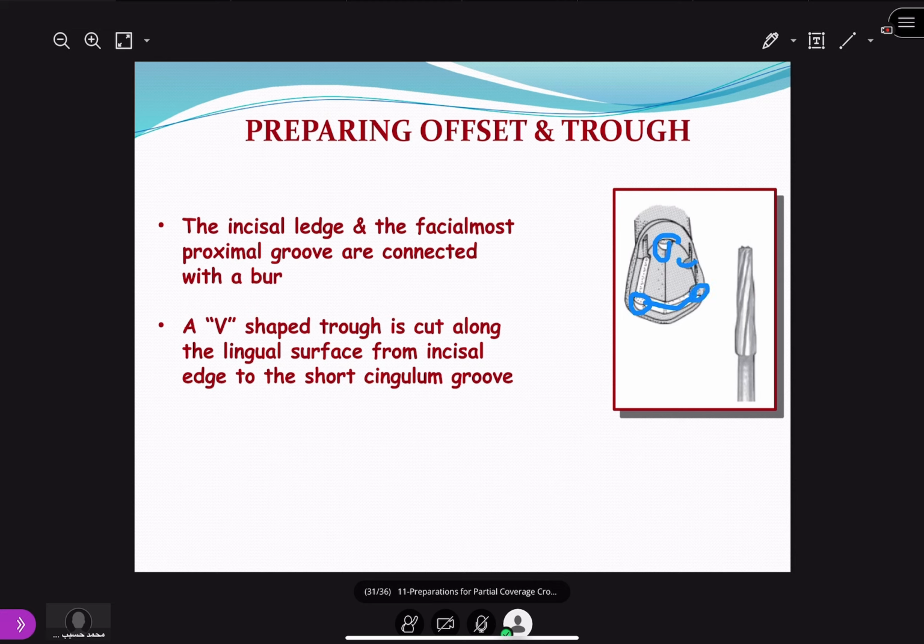The incisal ledge and the facial-most proximal groove are connected with a bur. A V-shaped trough is cut along the lingual surface from the incisal edge to the short cingulum groove. That is called the incisal offset.